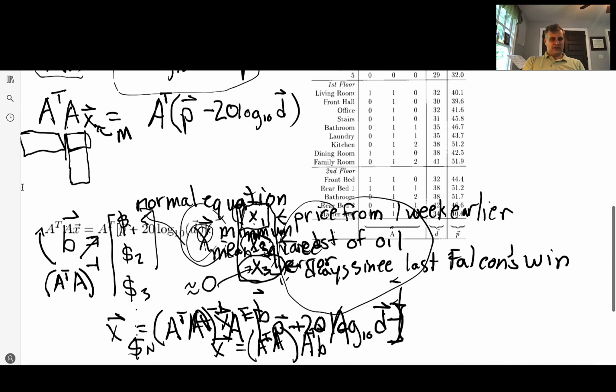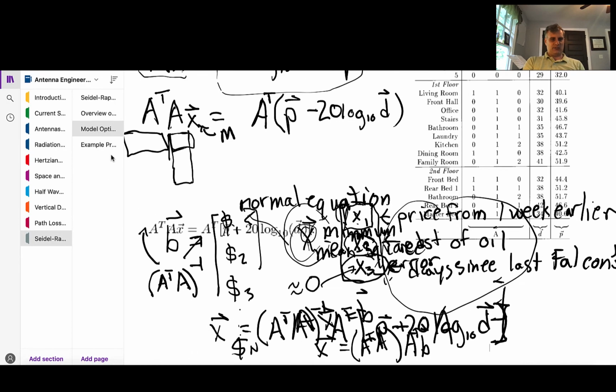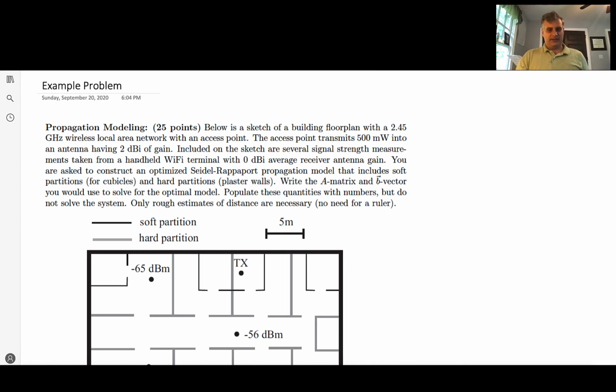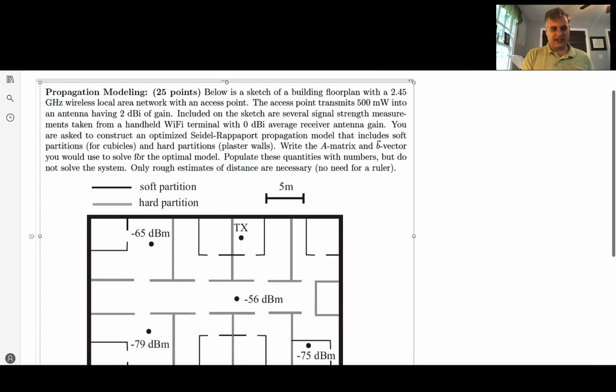Let's do a sample problem here, just to make sure that we understand what's going on. Okay, here's a problem that comes right off of the test. Propagation modeling. Below is a sketch of a building floor plan with a 2.5 gigahertz wireless local area network and an access point.